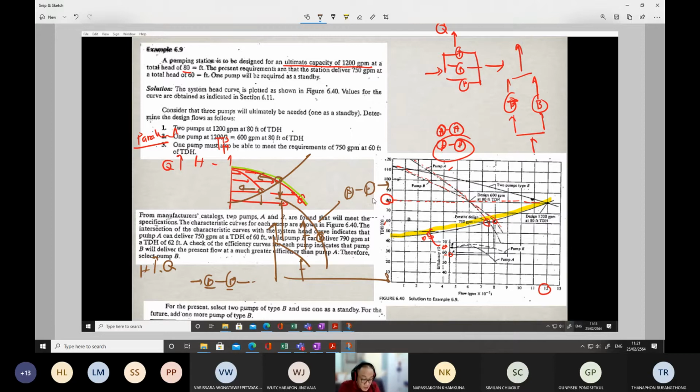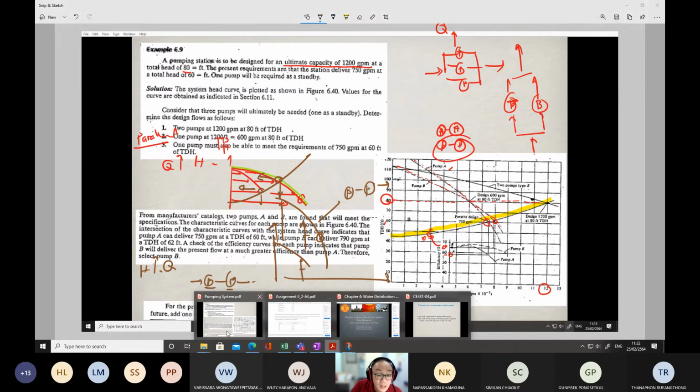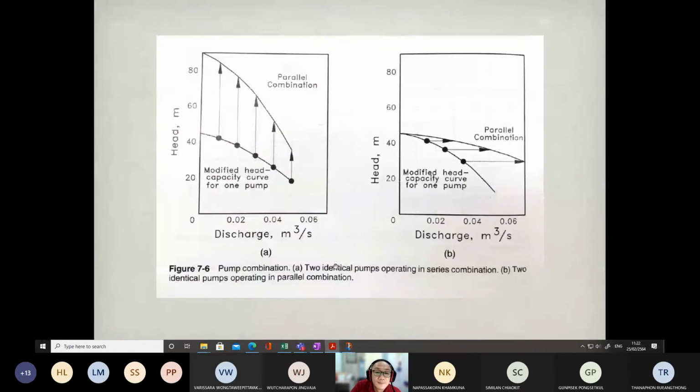Sometimes we may need to use two pumps in series, and sometimes we apply two pumps in parallel. So this is how we select the pumps, and we need to establish the curve. This is the class which also explains what I have just finished.